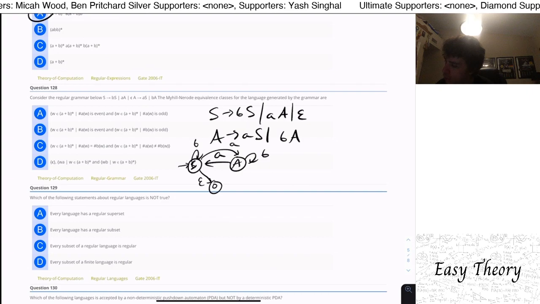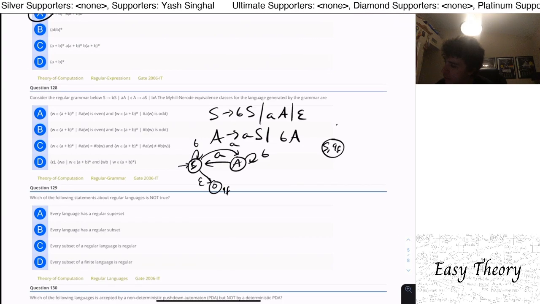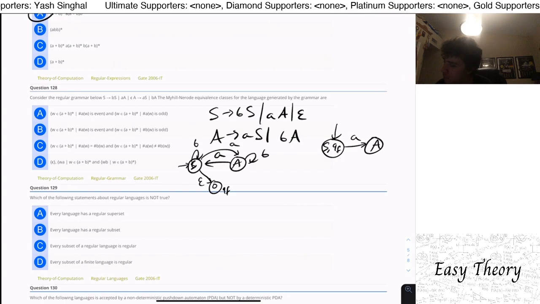So to convert this to a DFA, let's just call this QF. SQF is the start state. On input A, we would go to A. On input B, we are here. On input A, we go here.